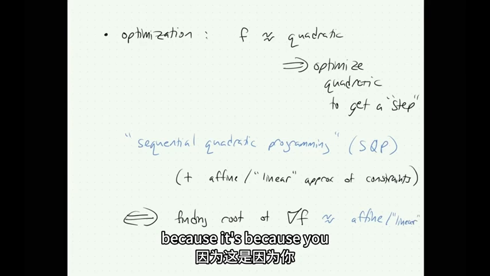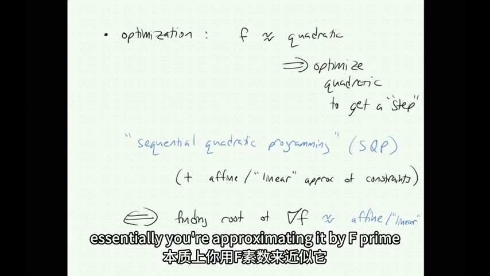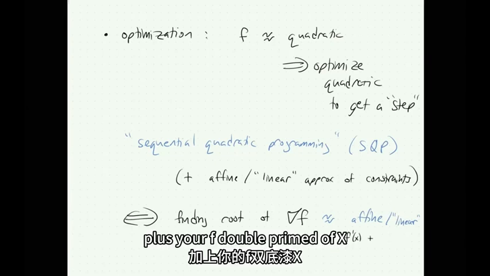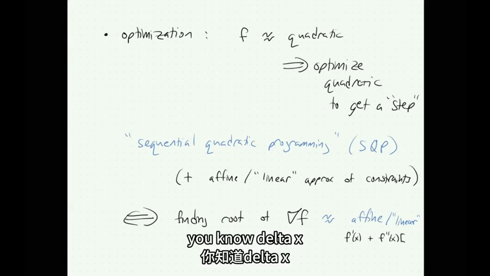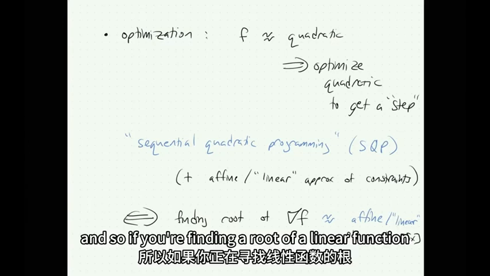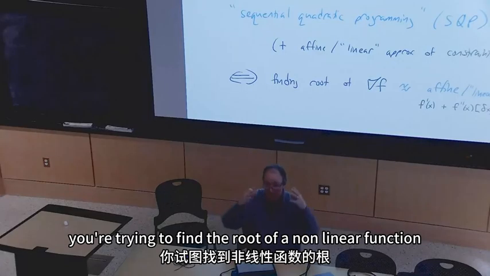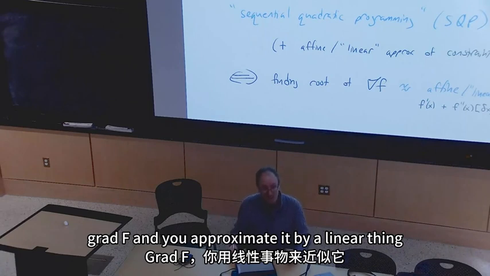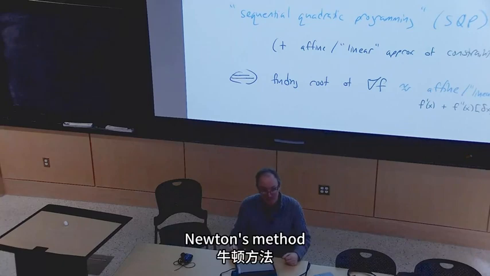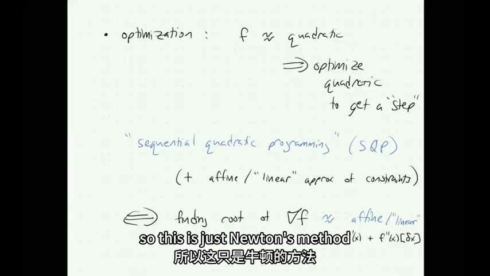Because equivalently, you're approximating it by f prime of x plus f double prime of x delta x, right? And so you're trying to find the root of a nonlinear function, grad f, and you approximate it by a linear thing, and you find a root of that. What's the name for that method? Newton's method. So this is just Newton's method.